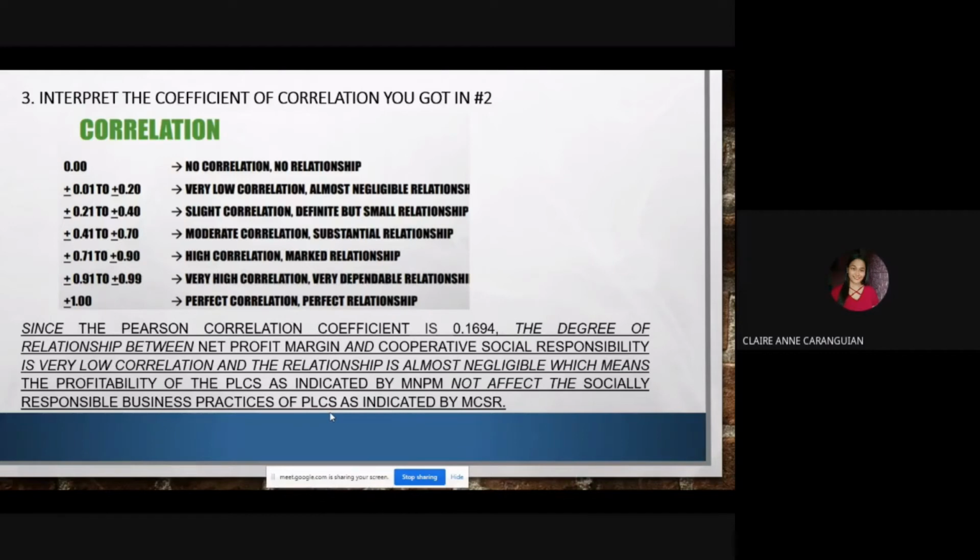So, yun yung interpretation natin ng result na nakuha natin nung nag-compute tayo ng correlation coefficient.